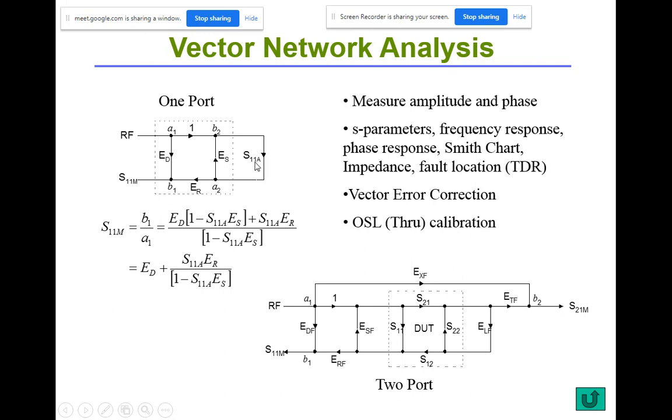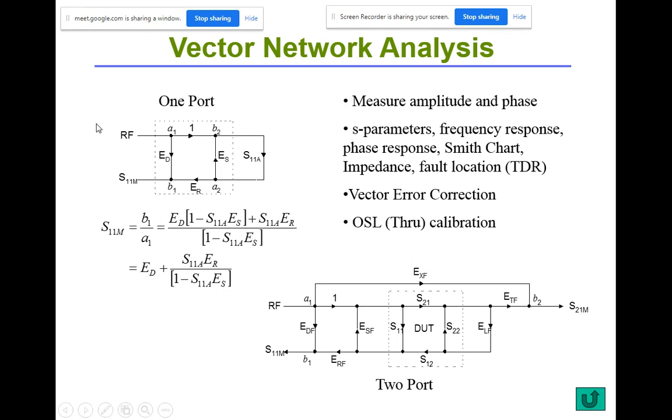Here we put S11A, the actual S11. But in the connection of this load to the network analyzer, you use a cable, you have connectors and so on. So between the load or antenna that you want to measure and the network analyzer, there is actually a device in between.